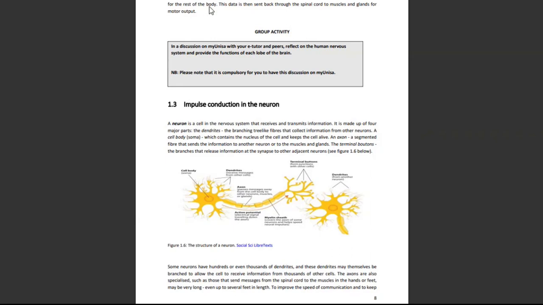You receive information from your sensory organs. The information goes to your spinal cord, from the spinal cord to the brain. The brain interprets that the snake is dangerous. Now I need to run away. From the brain, it goes back via the spinal cord for you to act. How do you act? Either you run away or you beat up the snake. So that's the reaction.